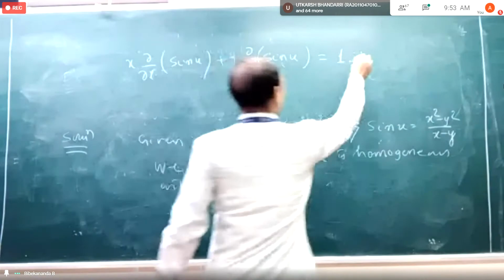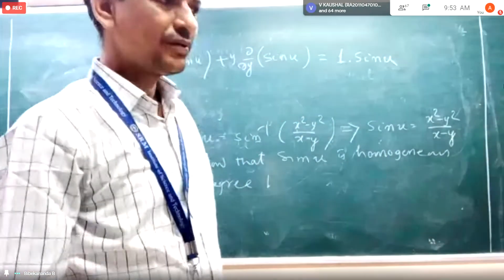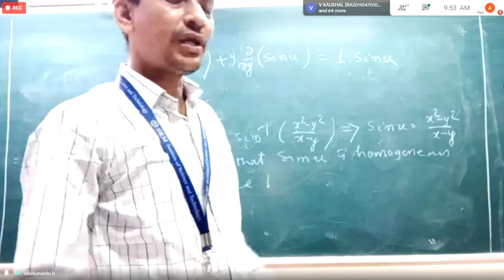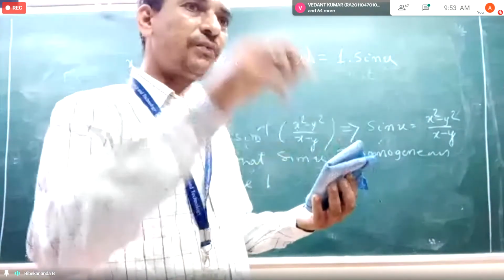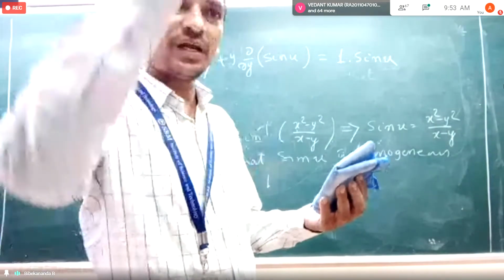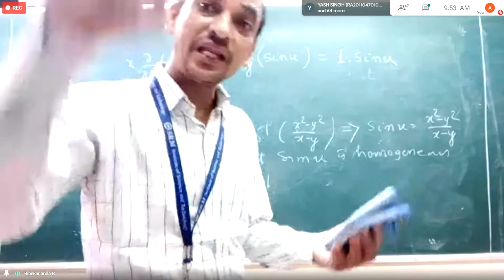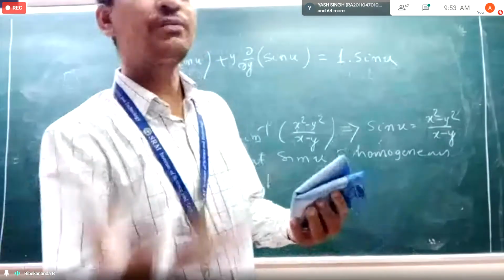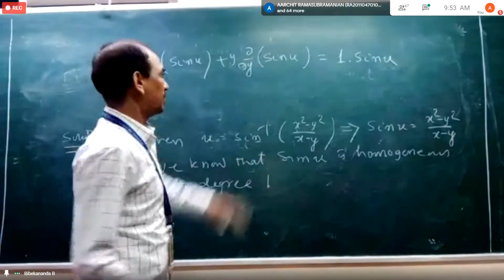So far it is clear to everybody? Yes, sir. Since if u is homogeneous, we can have x dou u by dou x plus y dou u by dou y is equal to n into u. But here sine u is homogeneous, so we have to write in terms of sine u. So that's why sine u. Fine.